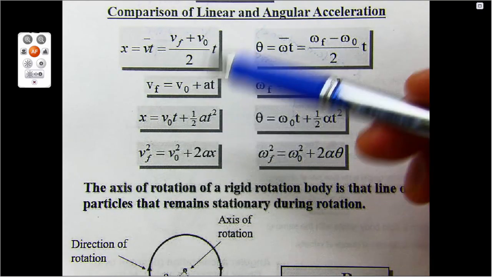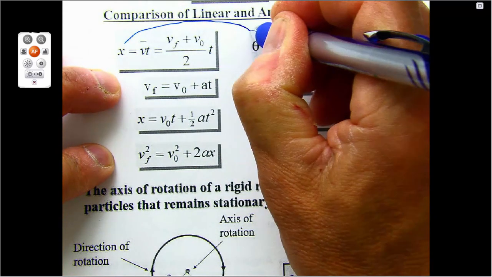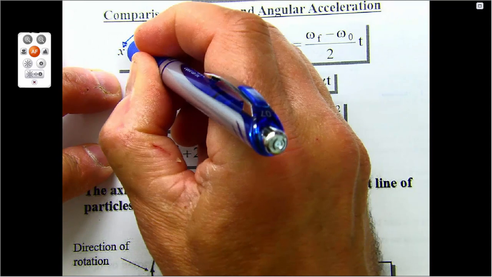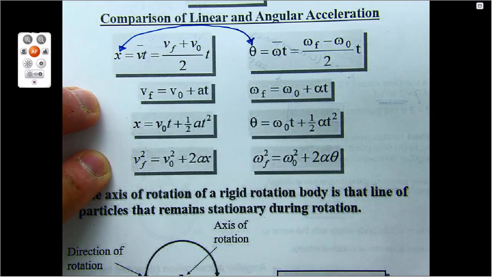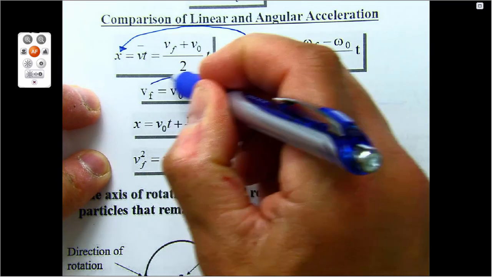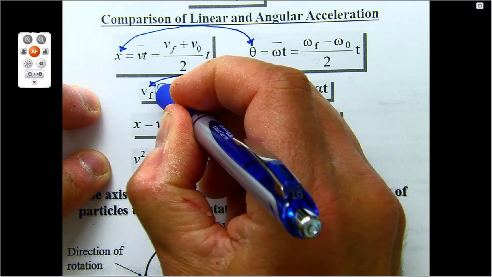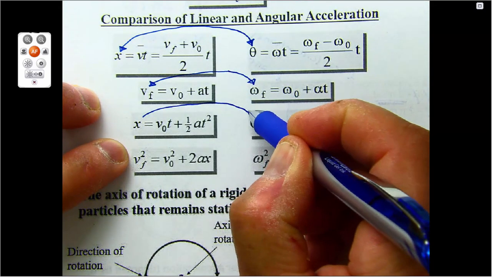All I'm substituting then, back and forth, distance in rotation is going to be radians, right? Velocity is going to be in radians per second. We're using all the same equations. This is distance again.